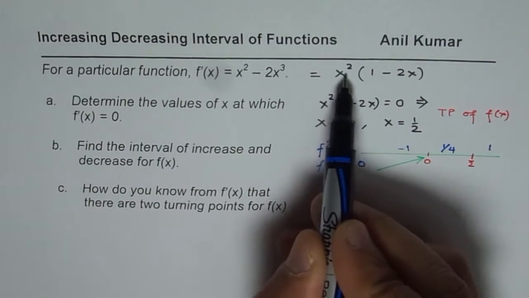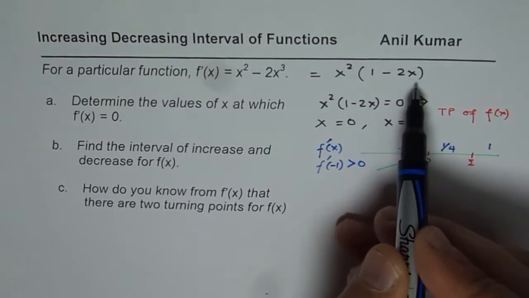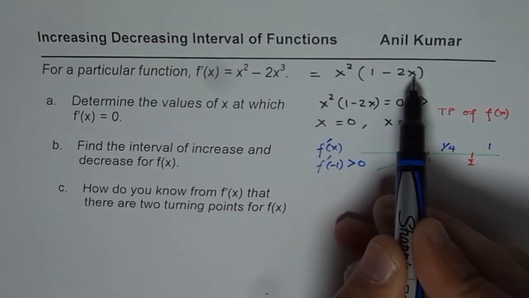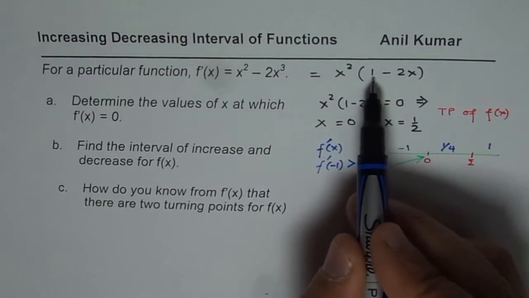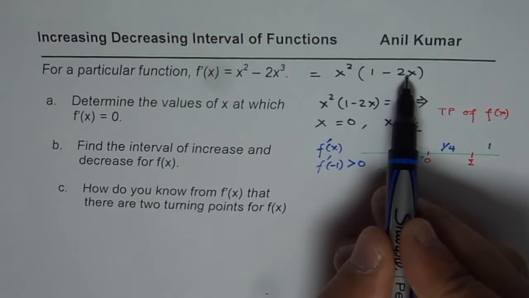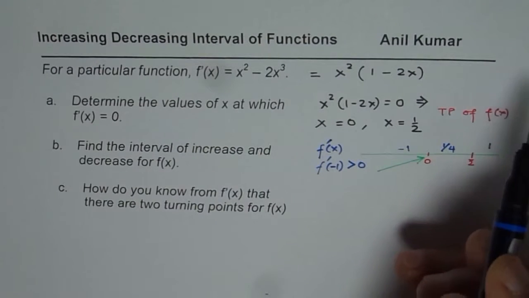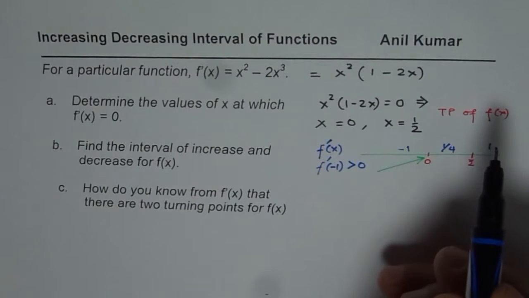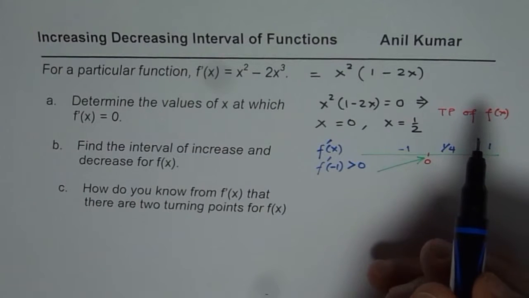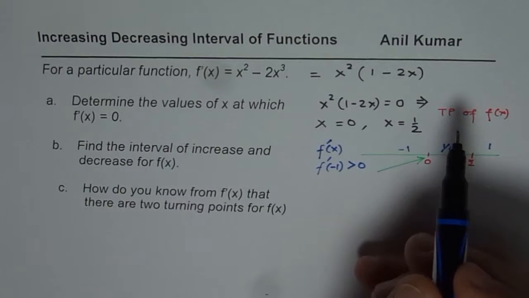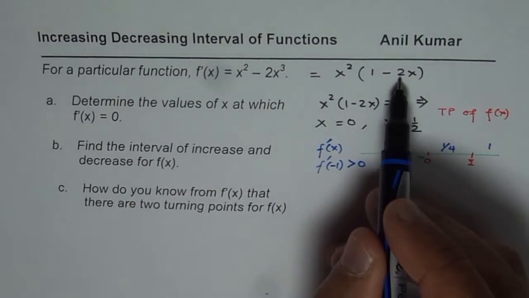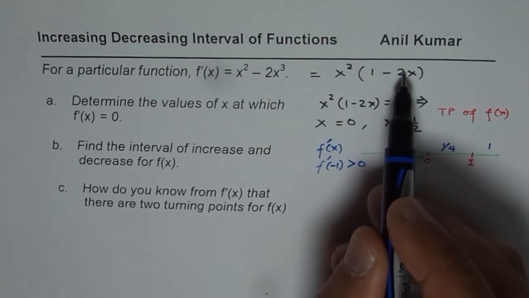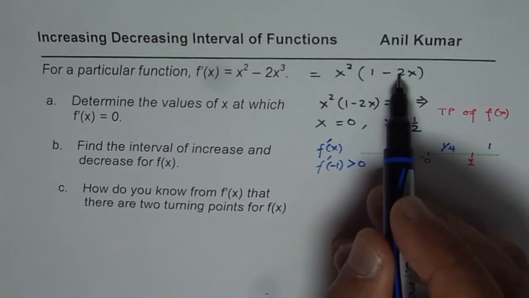And 1 minus 2 times 1 over 4 means 1 minus half, so that is going to be positive again.